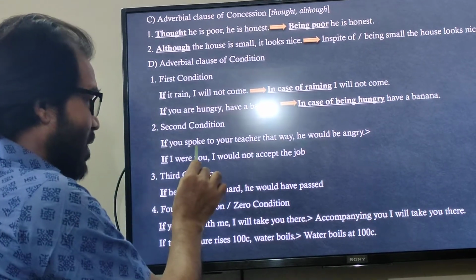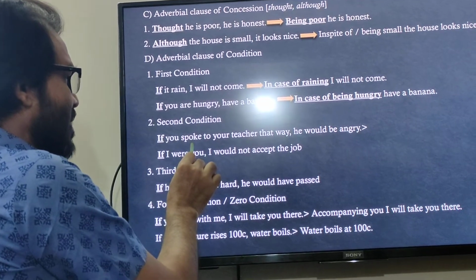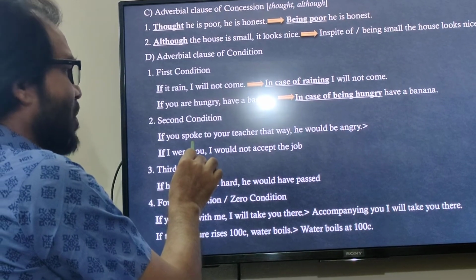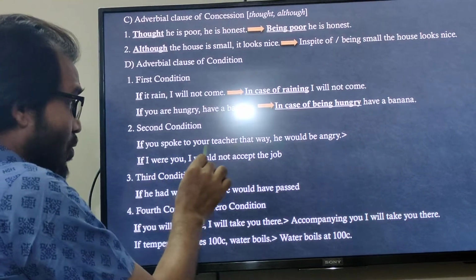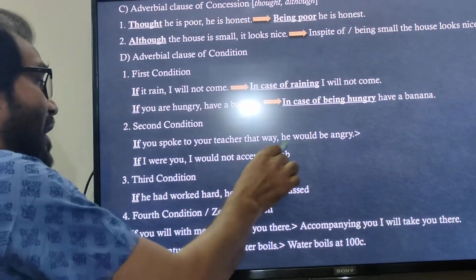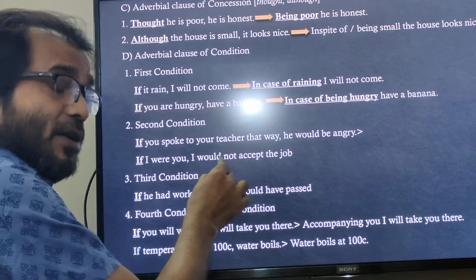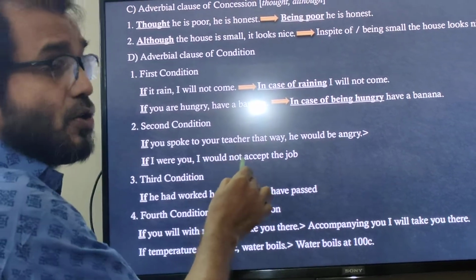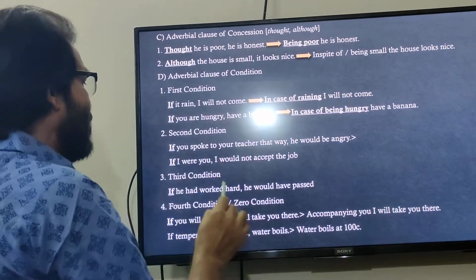Spoke is the simple past form of the verb. The action could have happened, but since it did not happen, the action is not true. Such types of hypothesis are expressed through the second condition.